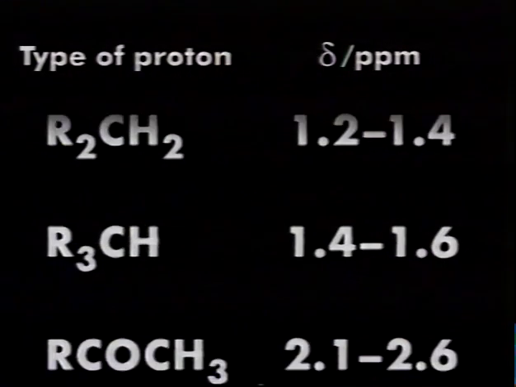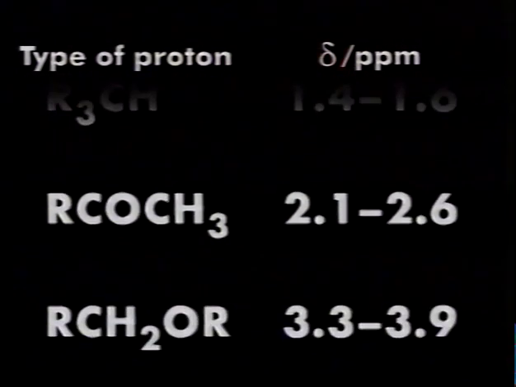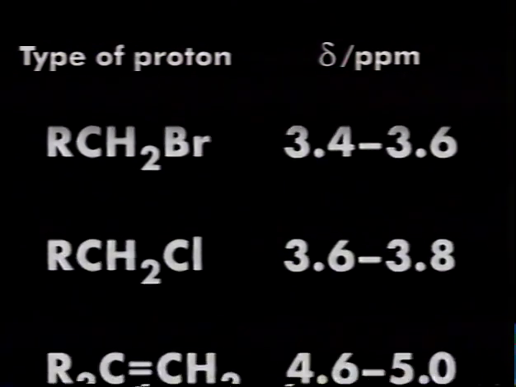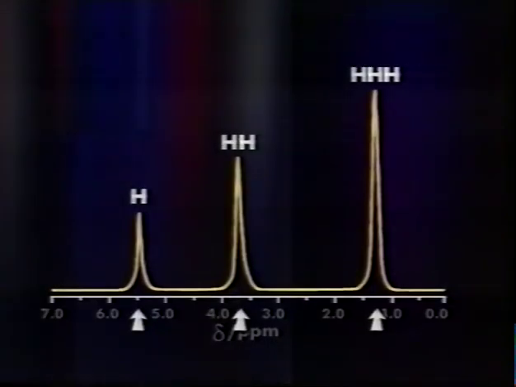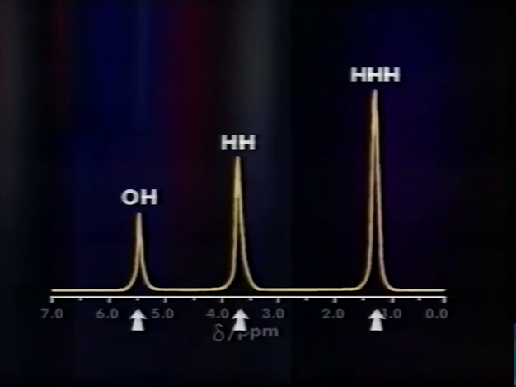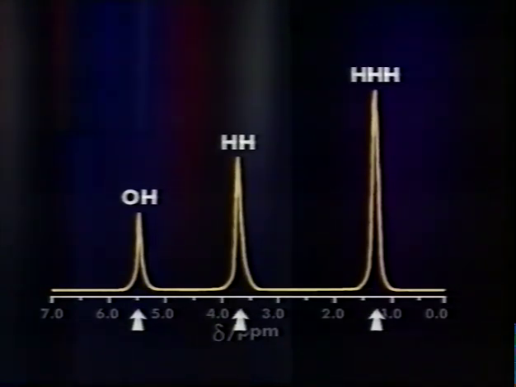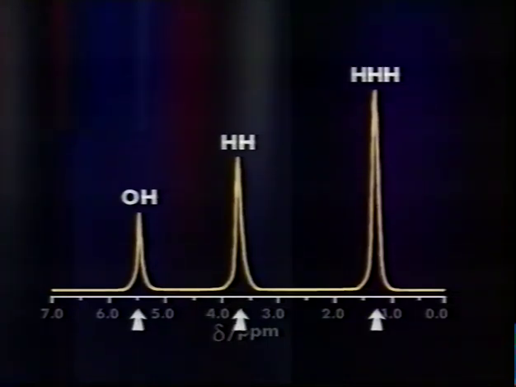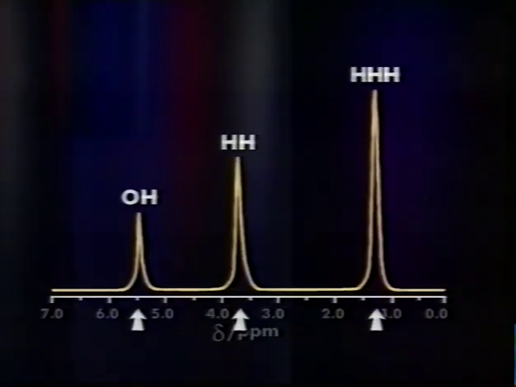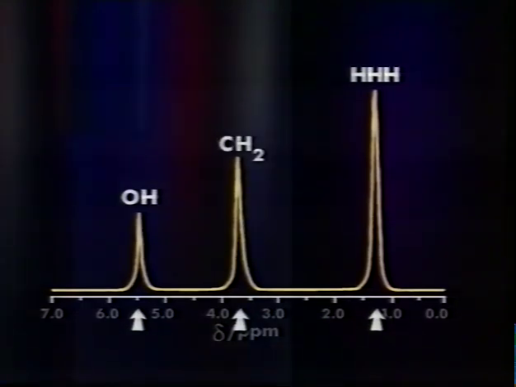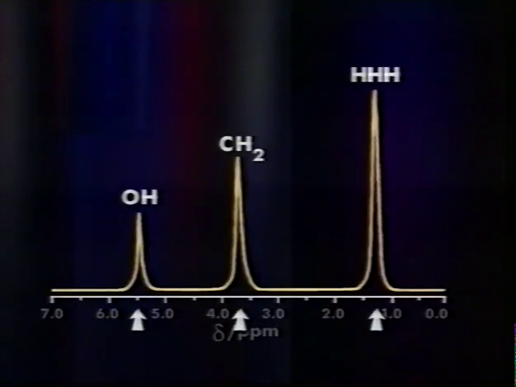As you'd expect, there are tables available that indicate the range of shifts of typical protons in different chemical groups. So, in ethanol, the proton that is shifted most is the hydroxyl proton, due to the closeness of the electronegative oxygen atom. Referring to the table of chemical shifts, we see that the 2 hydrogens are part of a methylene group joined to an oxygen, and the 3 hydrogens are on a methyl group.